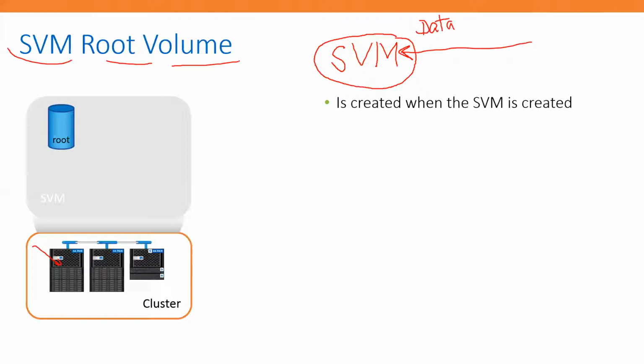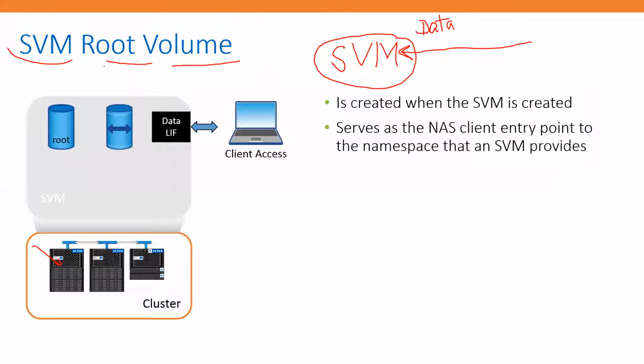That makes them feel closer to, oh, it looks like another machine. See, it has a root volume too, which every node has. But you guys know as a storage admin that that root volume is fictitious. It's actually not existing, but it is shown to the end users to make them feel as if there is a root volume on the SVM. But the main idea of that root volume is a namespace, or an entry point for NAS clients to get into the SVM and go down to the volumes.